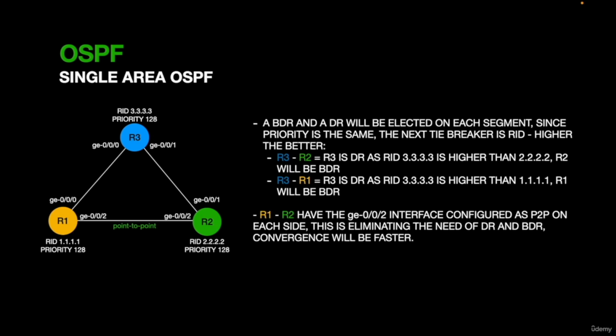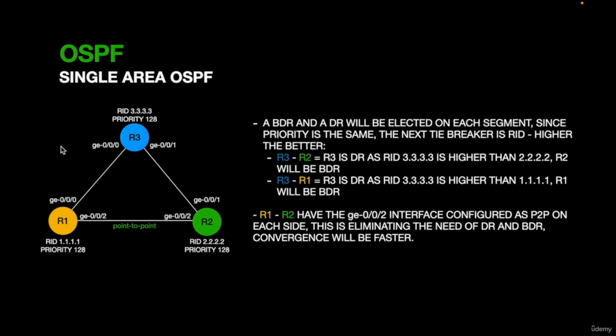So moving to our triangle here, we have 3 routers. R1 and R2 have a point-to-point interface, and you specifically configure this to be a point-to-point interface. And we also have regular links between R1 and R3 and R3 and R2.